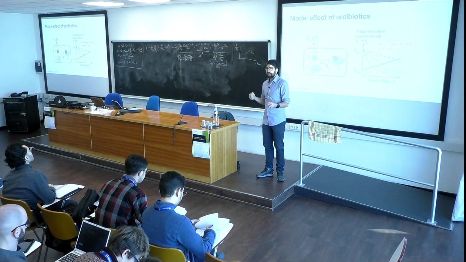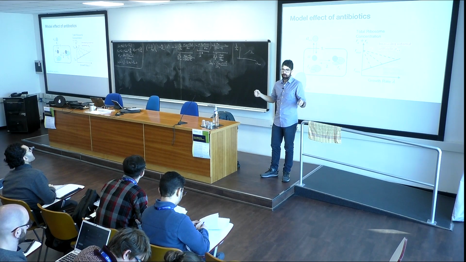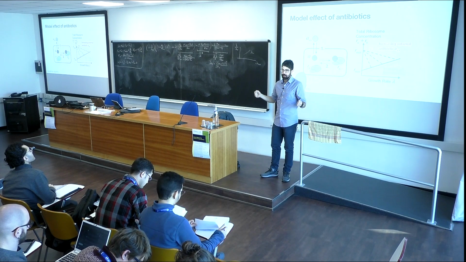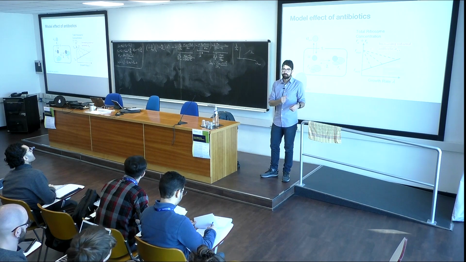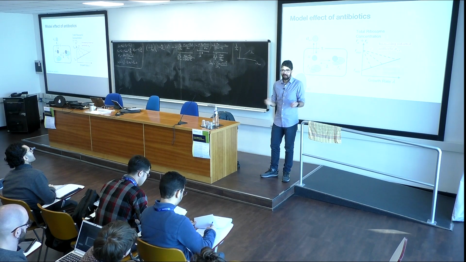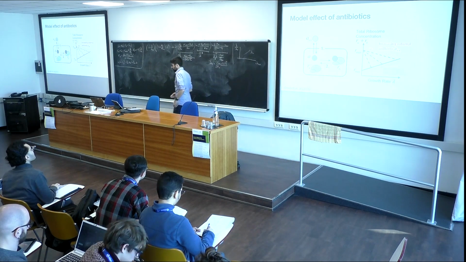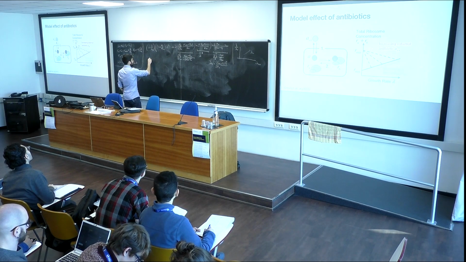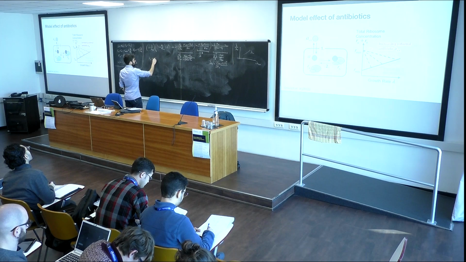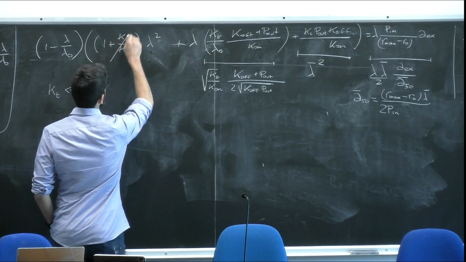The idea is that the antibiotics bind to the ribosomes with a rate much higher than the rate it takes for a ribosome to translate a protein, right? Otherwise, the antibiotics will be basically ineffective. It means that a ribosome can do what it has to do without being affected by the antibiotics. So our assumption, which is also expected, is that kappa t is much lower than k on. And so under this assumption, I can neglect this term.